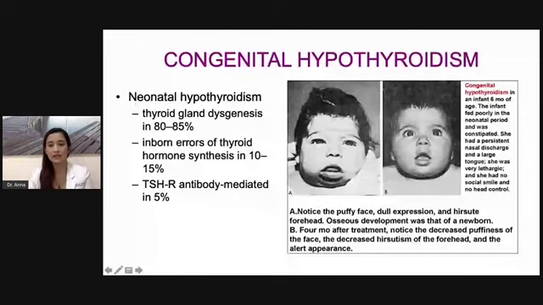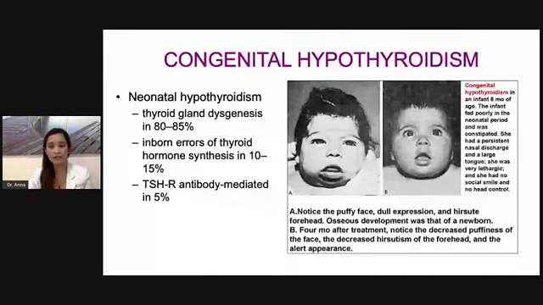This is an example of an infant at 6 months of age. The infant fed poorly in the neonatal period. As you can see, we notice a puffy face, a classic puffy face of hypothyroidism. We also have hirsutism in the forehead, and a large tongue, blunt affect.